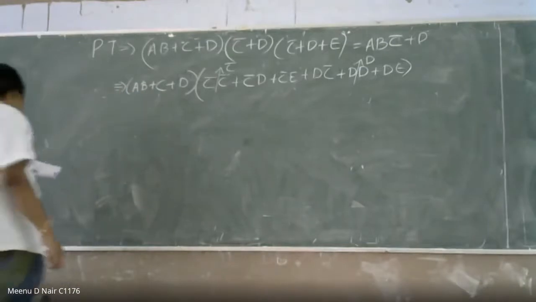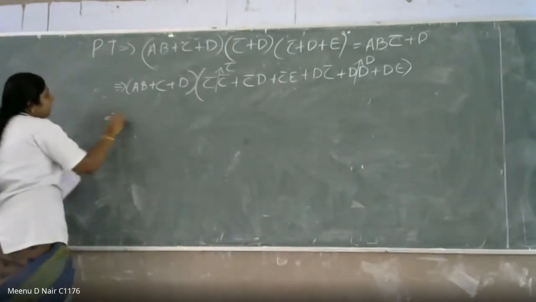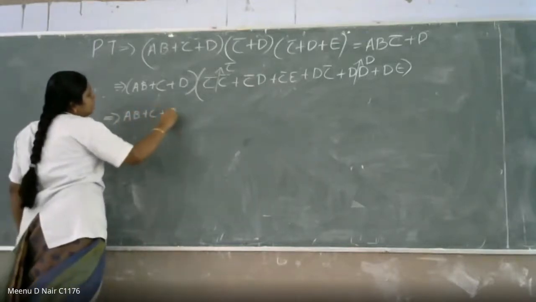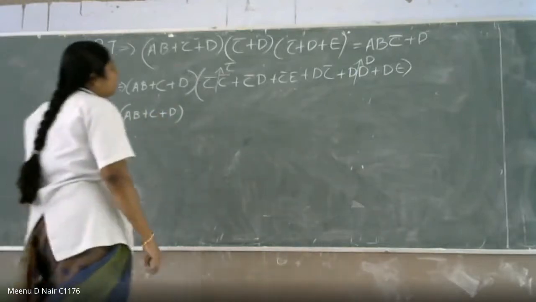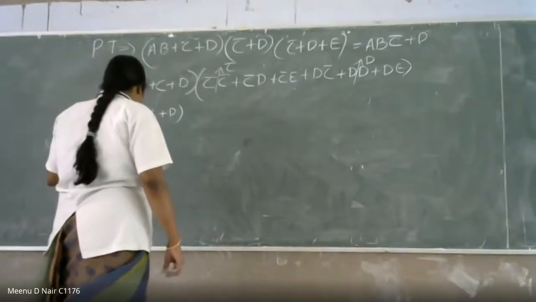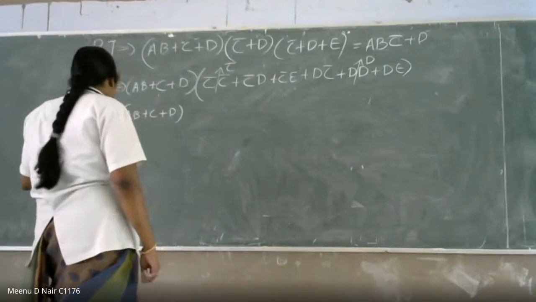So you can rewrite the term. So it will be AB plus C plus D into, so this is C bar only, no? So what you have to do is take D common, right?